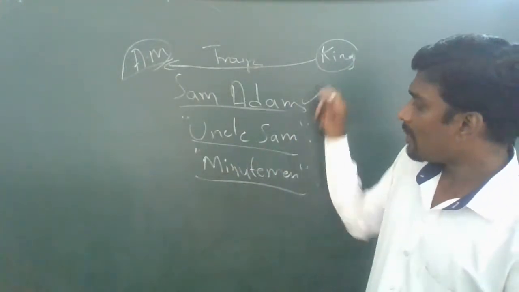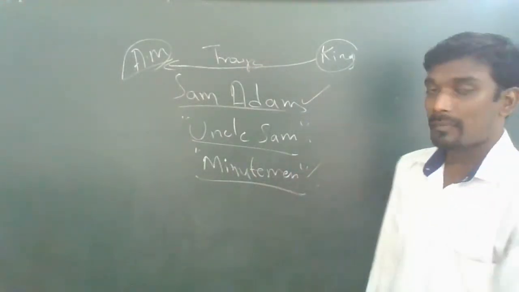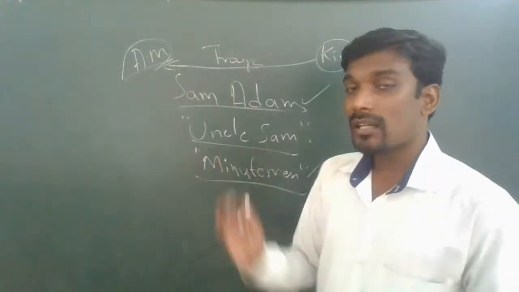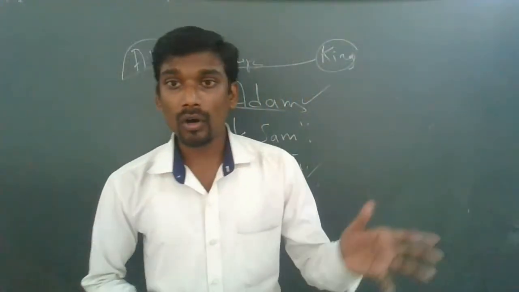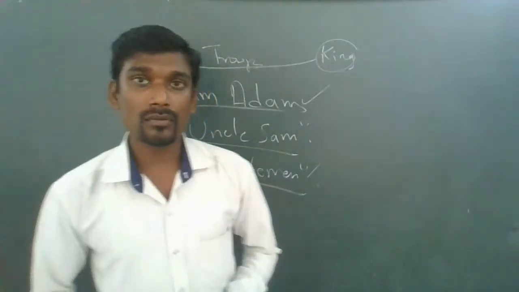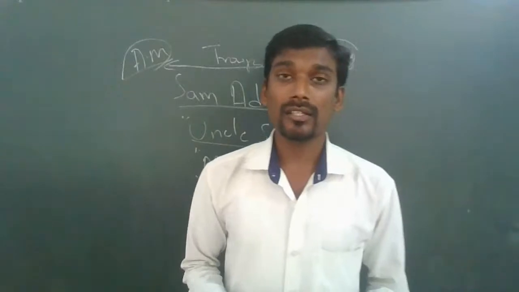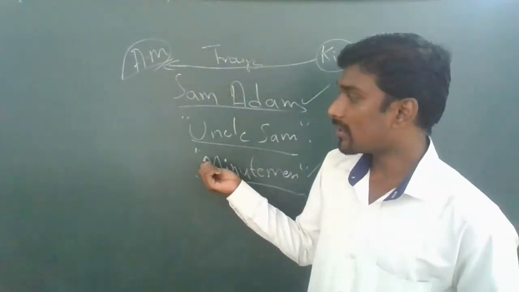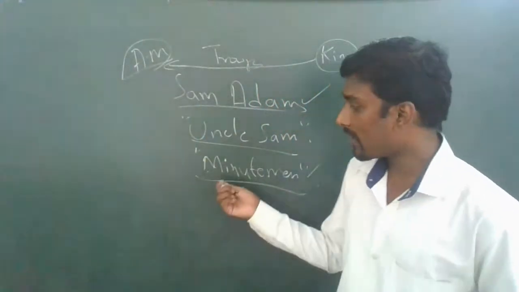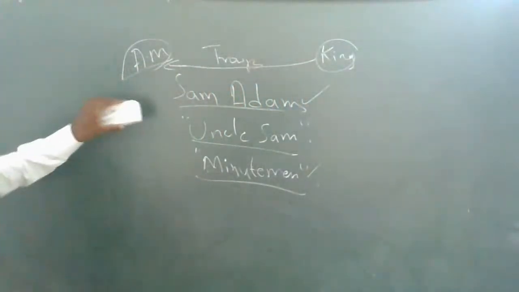So Sam Adams started the minute men, gathering them and training them for war, with arms and ammunition. For example, in Indian history you have studied Bhagat Singh, Batukeshwar Dutt, Chandrasekhar Azad. In this way, Sam Adams starts to fight. This is one person you have to keep in mind.